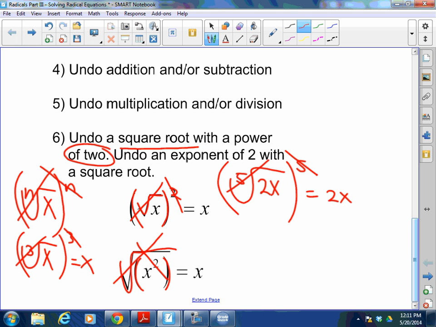So in order to get rid of any radical with an nth root, doesn't matter what the n is, 2, 3, 5, 19, 5 million, simply raise both sides of the equation to the power that is equal to the index. You guys with me here? Okay.